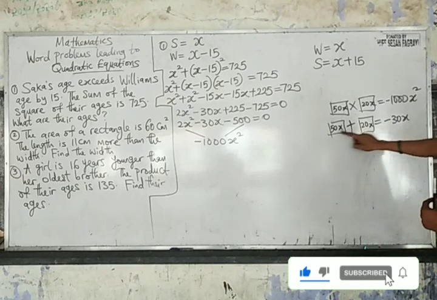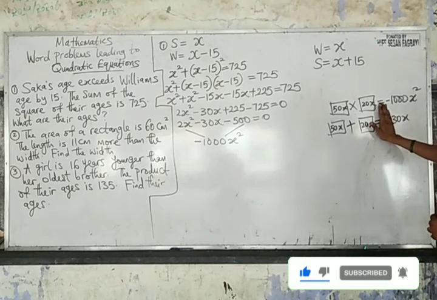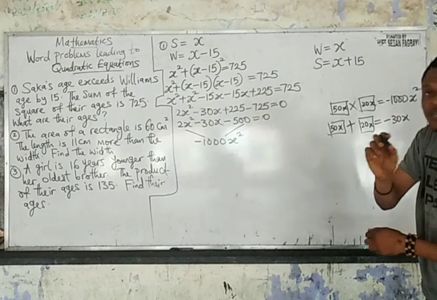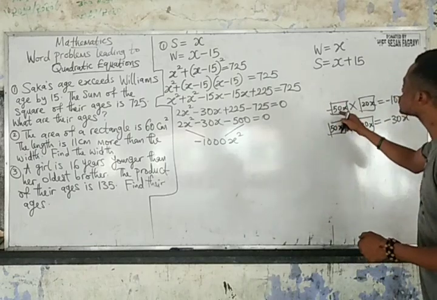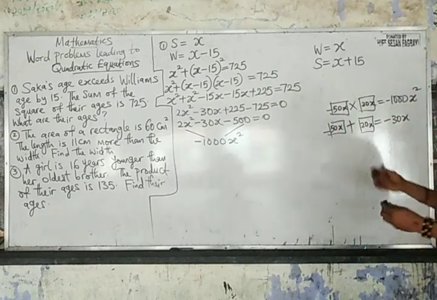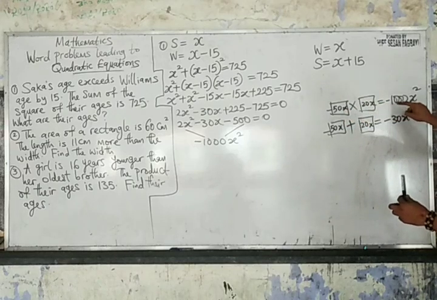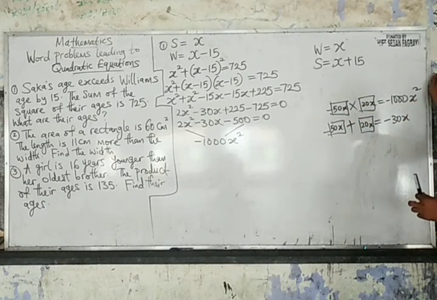But by the time I sum it together, it will not be minus 30, it will be positive 30. That means the subtraction will be placed in front of the 50x. So minus 50x multiplied by 20x will give me minus 1000x squared.